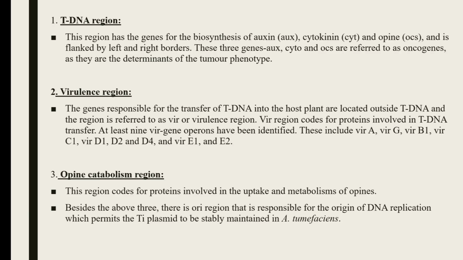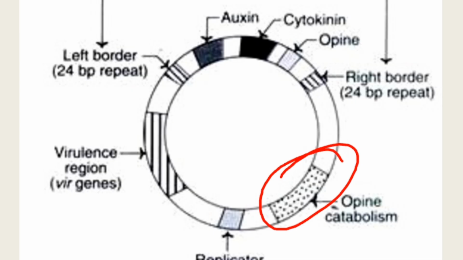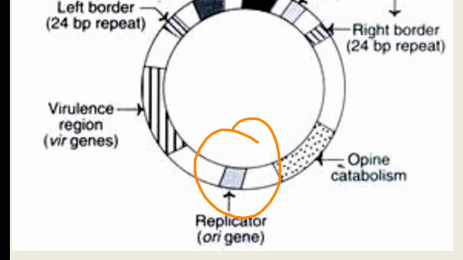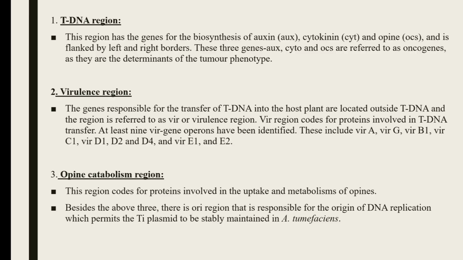Opine catabolism region. This region codes for proteins involved in the uptake and metabolism of opines. Apart from the above three, there is a region that is responsible for the origin of DNA replication called as ori region, which permits the Ti plasmid to be stably maintained in Agrobacterium tumefaciens.